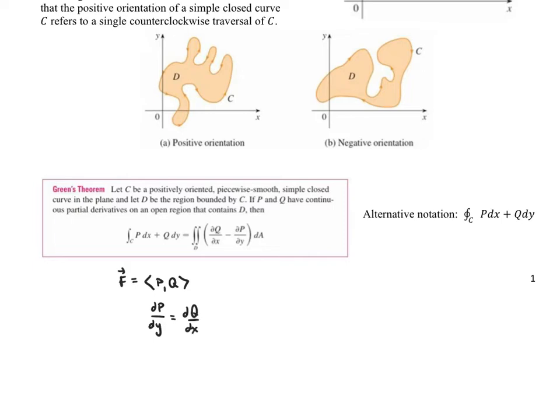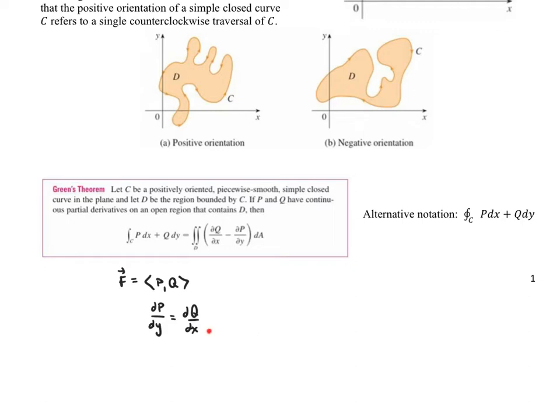In this case, remember what I said is that we really can't use Green's theorem if the vector is conservative, and we really wouldn't want to anyway, because if the vector is conservative, we could use the fundamental theorem, and it's way faster. But in Green's theorem, if you notice this integrand, if the vector is conservative, then the inside of this would be 0, which again would be a bit of an issue because that wouldn't help us much. So if you have a conservative field, do not use Green's theorem.